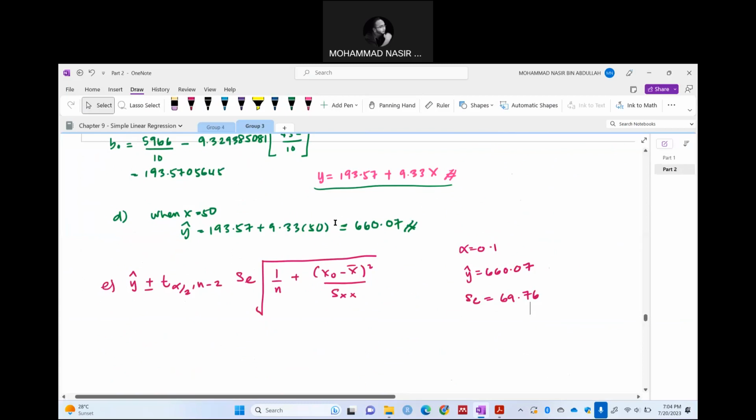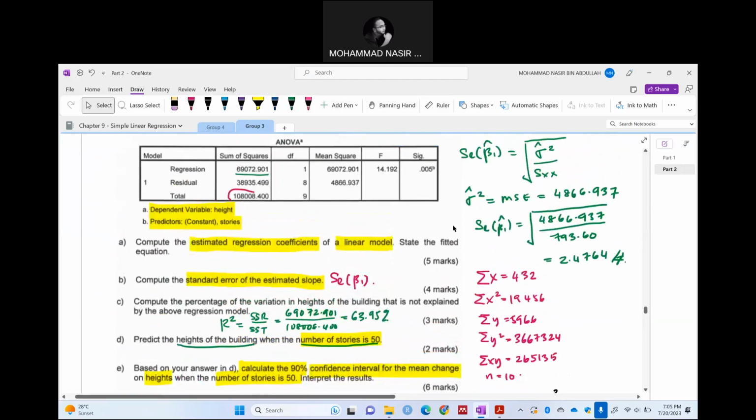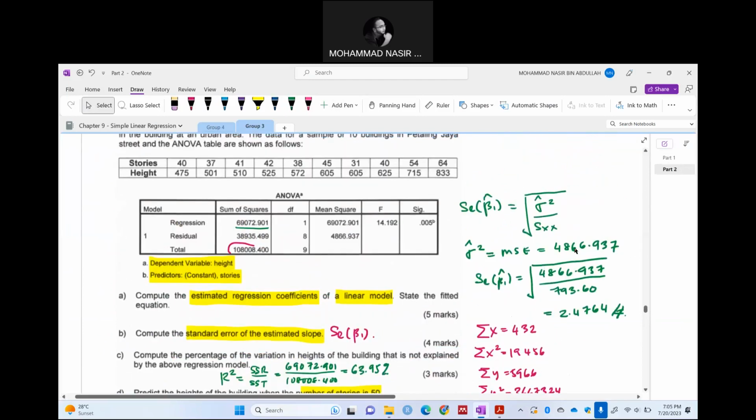Square root of MSE, right? So we already calculated this one, right? So square root of 4,866. What do you get? Should be 69.76.